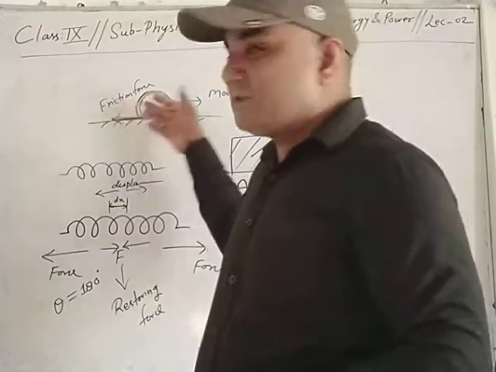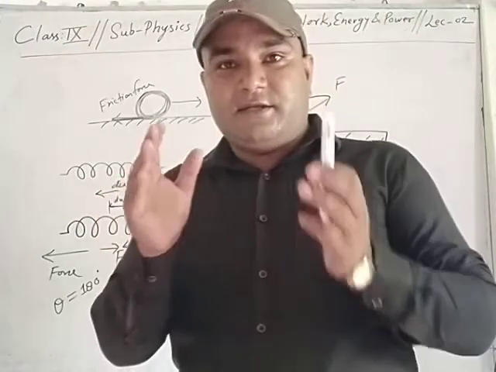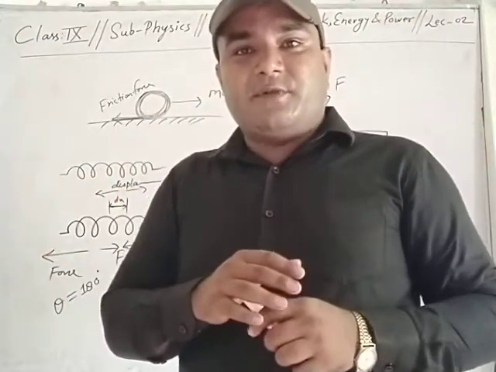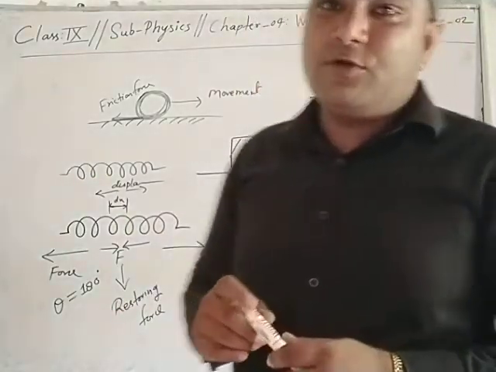It means the friction force is in this direction and the movement in this direction. It means the angle between force and displacement is what? That is 180 degrees. It means the work done by friction force is also negative work.